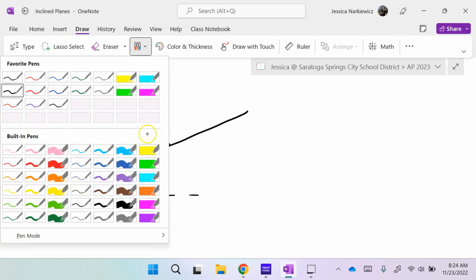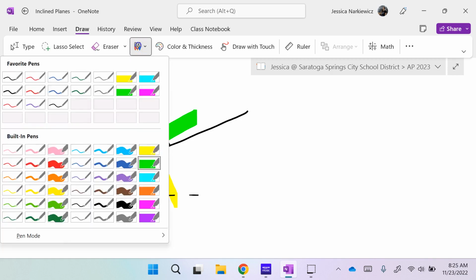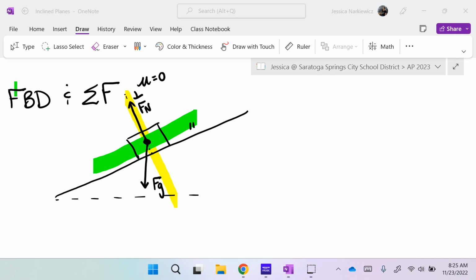If I think about that coordinate system we just talked about, we have perpendicular to the incline, which is that yellow highlighted line, and parallel to the incline, which is that green highlighted line. So again, that's perpendicular, that's parallel. The normal force is nice and in our perpendicular direction.